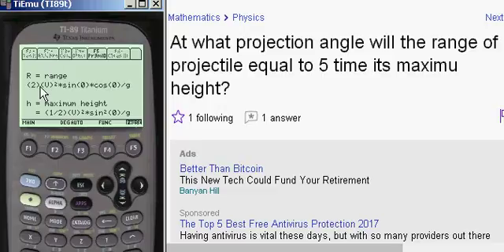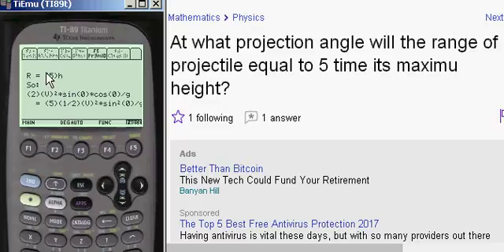As soon as this comes up, you start writing this on your paper. Range, R, equals 2 times the velocity squared times sine theta cosine theta, divided by gravity, g. And the maximum height is equal to 1/2 v squared, velocity squared, times sine squared theta, divided by g.